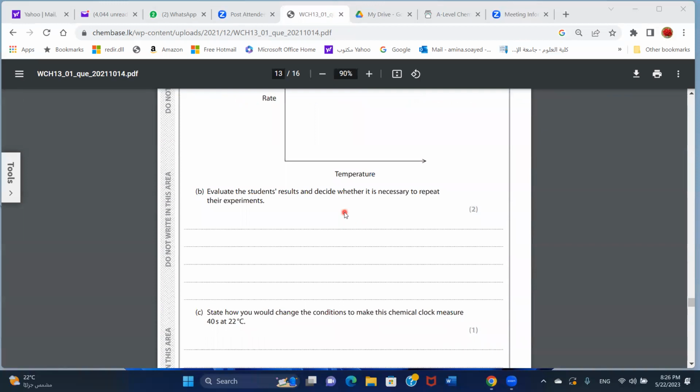Okay, Mavi, evaluate the students' results and decide whether it is necessary to repeat their experiments. I'm going to show you what they did before.